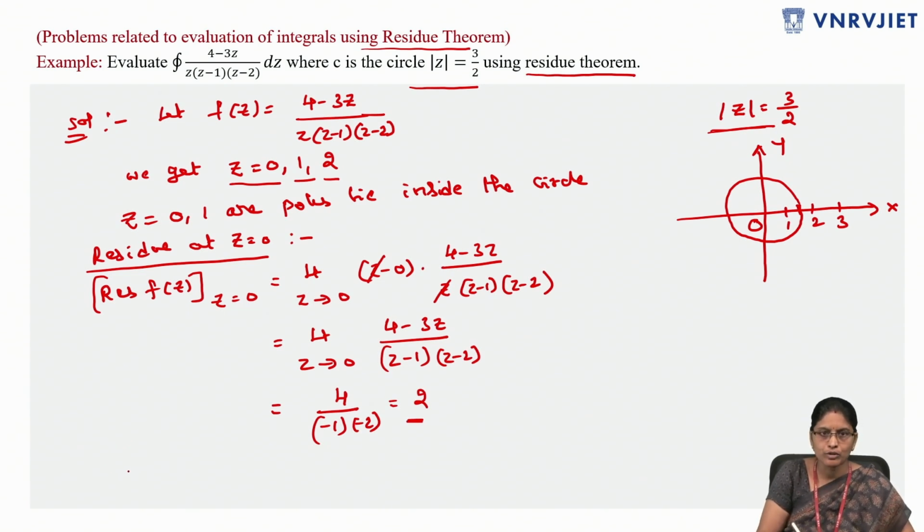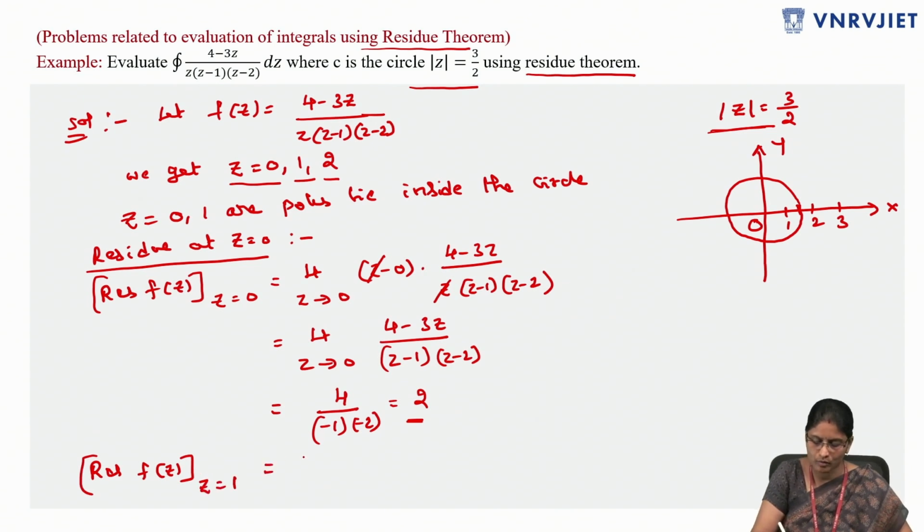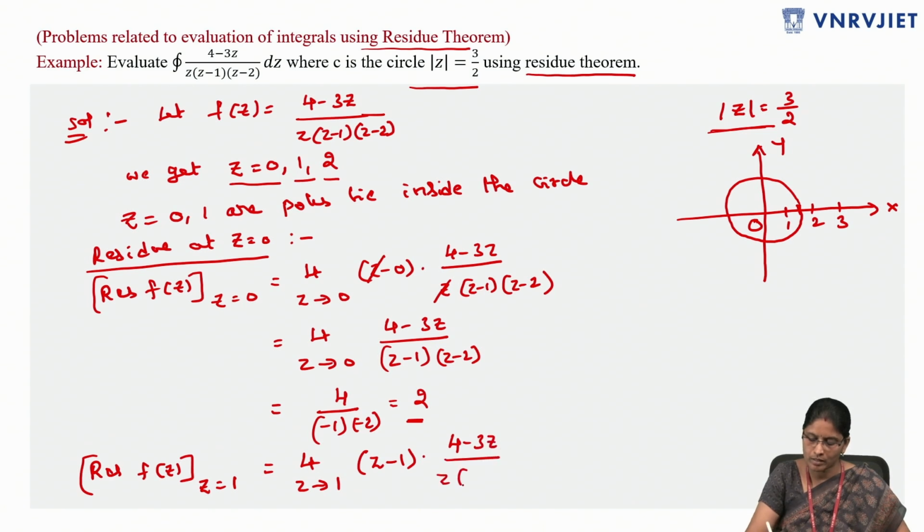Next, we have to find out the residue at the point z is equal to 1. Residue of f of z at z is equal to 1 is limit z tends to 1, z minus 1 into f of z. f of z is (4 minus 3z) by z into (z minus 1), (z minus 2). Here in the denominator z minus 1 is there and here z minus 1 is there. Cancel these two.